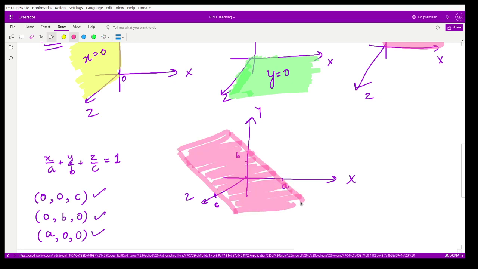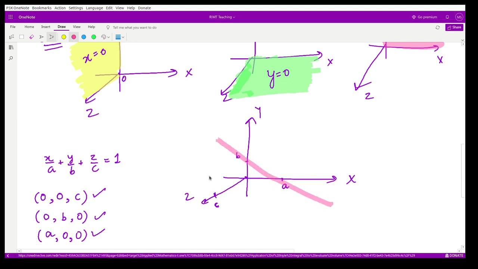It could be anything, not exactly like this. It would be like this. So this would be your plane.